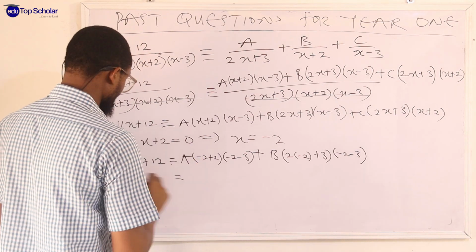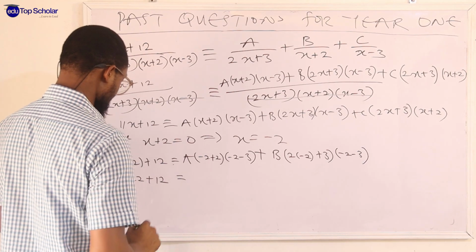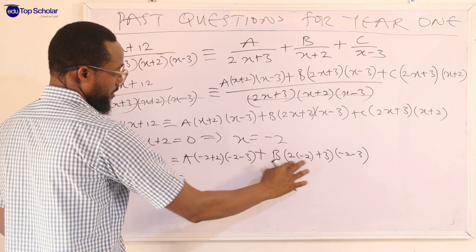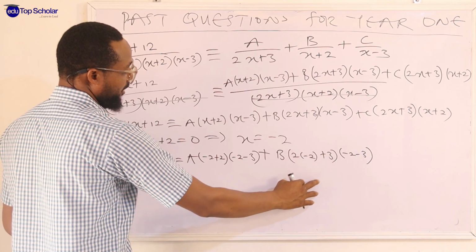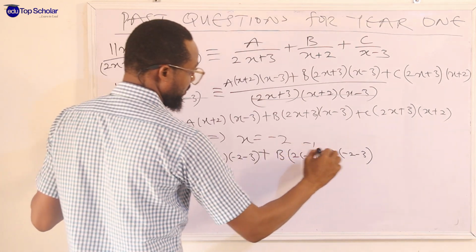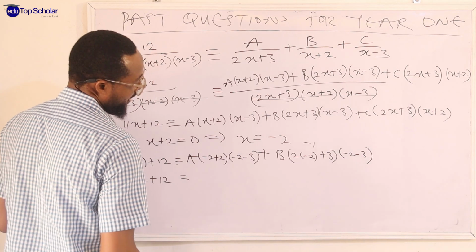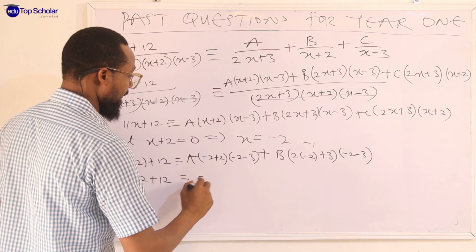So now this will be 11 by this, I have minus 22 plus 12 equals to, this will be minus 4 plus 3 minus 1 minus 1 minus 2 minus 3. That one is minus 5. Minus 5 by minus 1, I have 5. So this will be 5b.